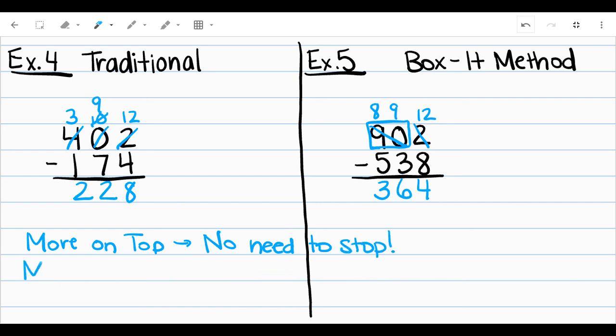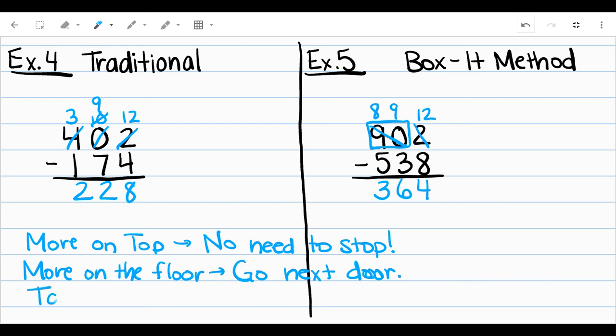But if there's more on the floor, then we have to go next door. And when we go next door, we take one away. And this is true for both the traditional way and the box it method.